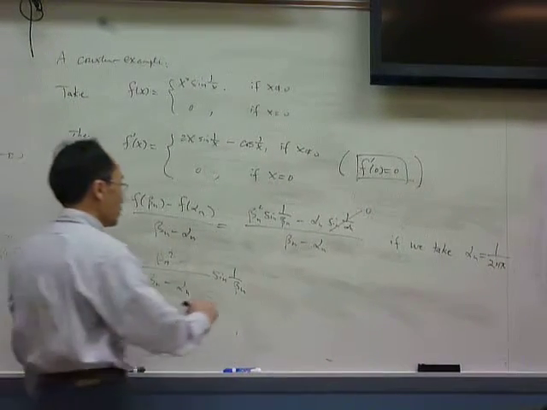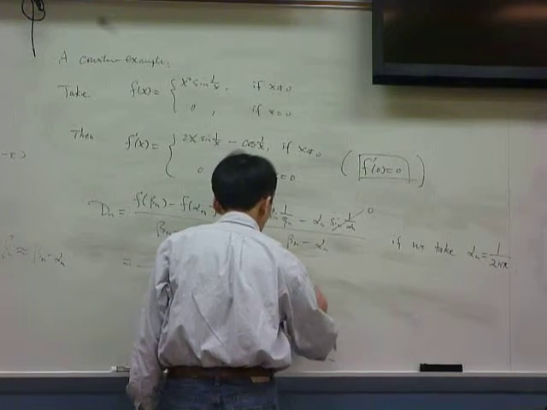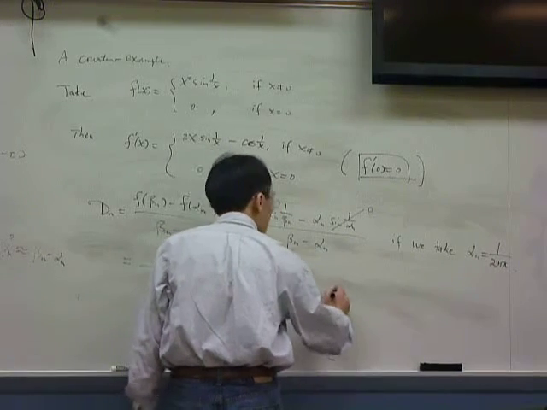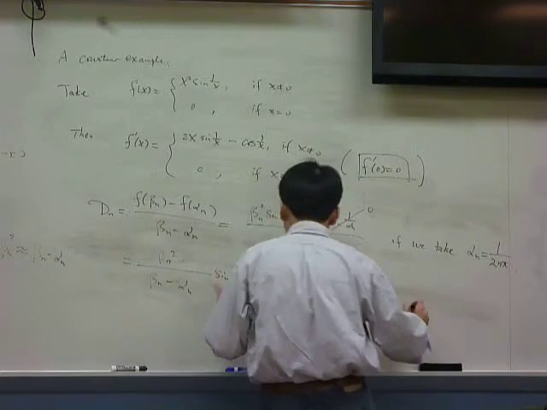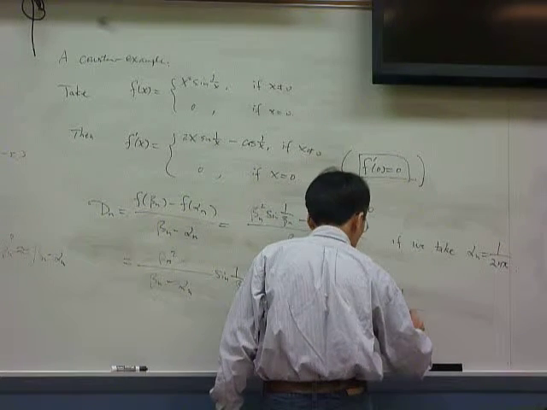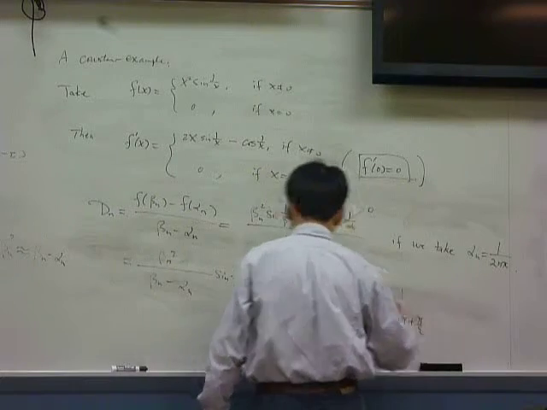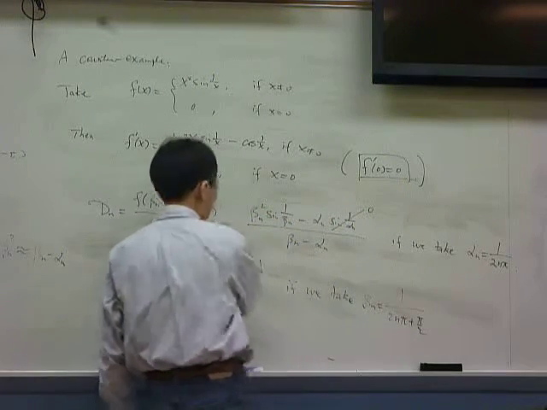Now I'm going to take 1 over beta n equals 2m pi plus pi over 2. Then the sine value would just be 1.